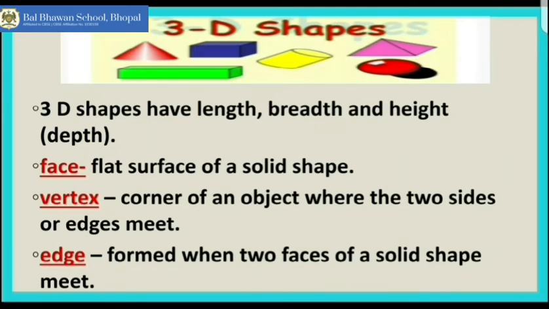And the three more important terms which you use here are face, it is the flat surface of a solid shape, then vertex, it is a corner of an object where the two sides or edges meet. And what is an edge? Edge is formed when two faces of a solid shape meet. So this you have already done, ma'am has done just a revision.